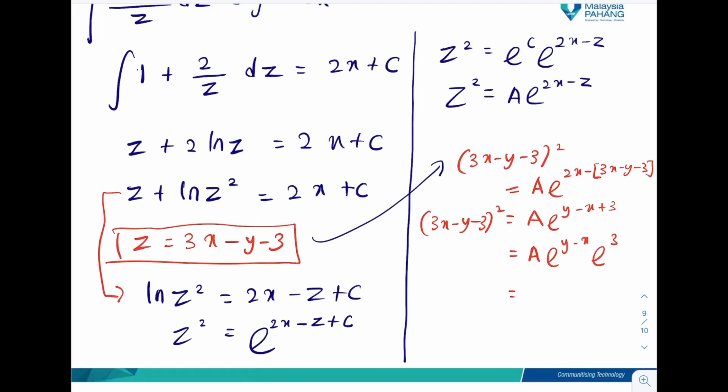Okay, remember that A exponent 3 we can have as B maybe. So we can have B exponent y minus x. Okay, so that's all. We copy this one, minus y minus 3 squared. So this is the answer. I highlight this one. This is the final answer, as the B equals to A exponent 3. Okay, done.